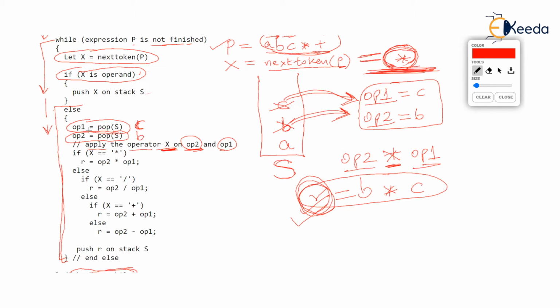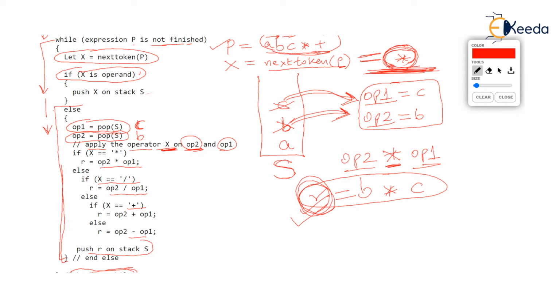So the if checks if X is multiply, then do multiplication and store the result in R. Else if X is division, then do division of OP2 and OP1 and store the result in R, and so on, plus and minus. And after this, we will push R. This is so important.